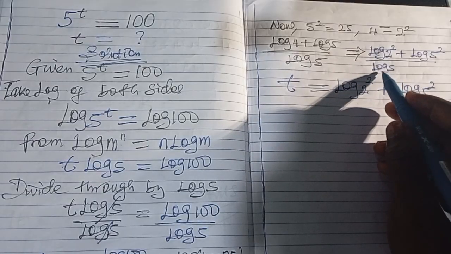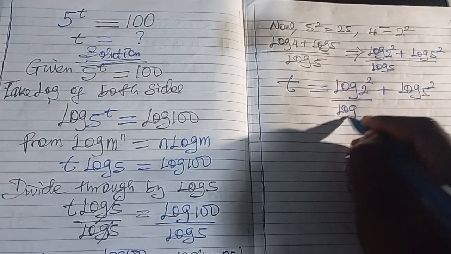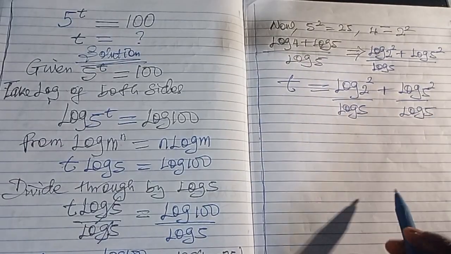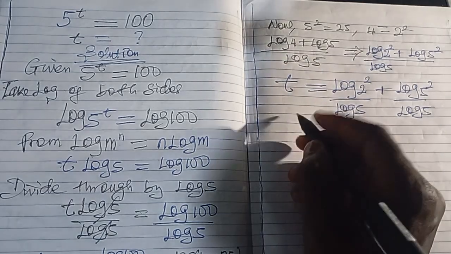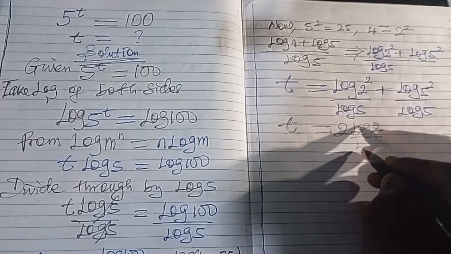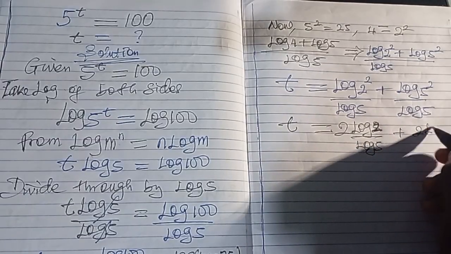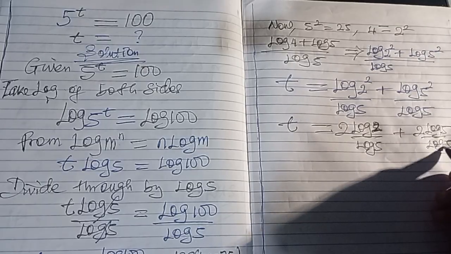Now this is divided by log 5. We are going to divide each term by log 5. So what we are going to have here, t is equal to 2 log 2 divided by log 5 plus 2 log 5 divided by log 5.